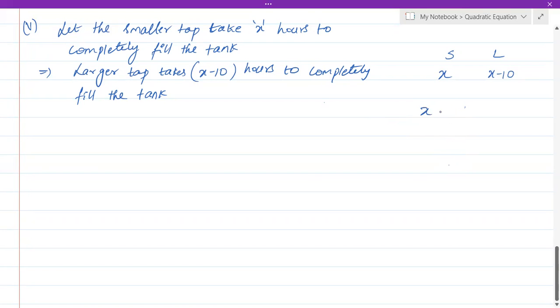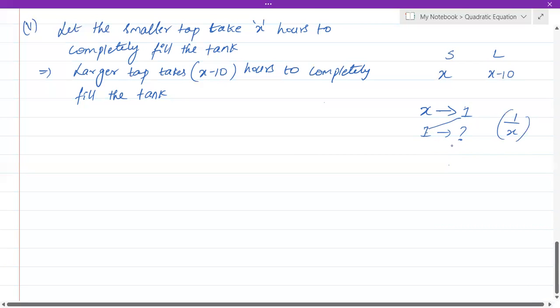In X hours, I am doing one full job, that is filling the tank, isn't it? In 1 hour, how much of the job will be done? So it is direct variation. Here we just cross multiply 1 and 1, and divide by this. That is 1 by X of the tank will be completed.